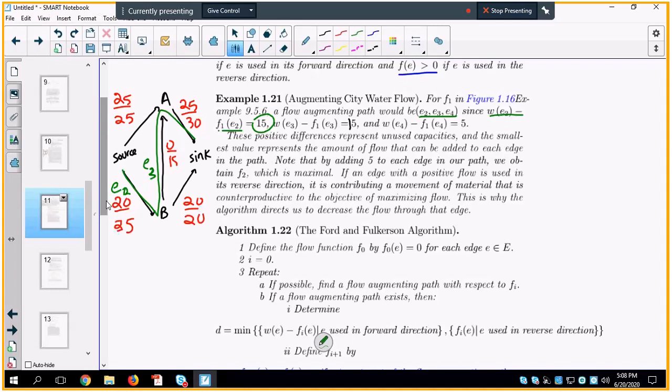And then along this last edge, E4, the difference between the capacity of 30 and the flow of 25 was 5. So we were positive everywhere, so we knew that we could augment this flow. The positive differences represent, of course, the unused capacity. So we could add at most 5 to find the maximal flow.